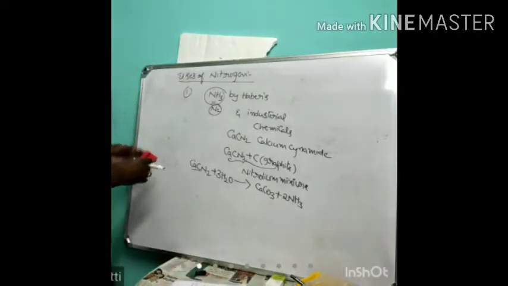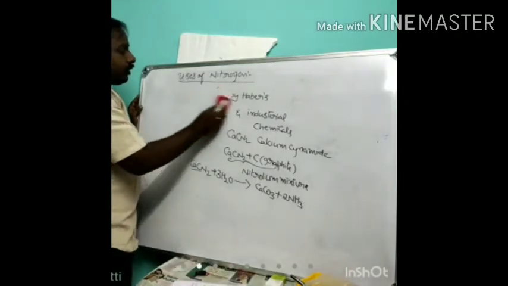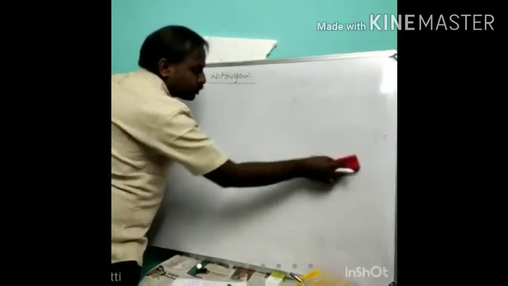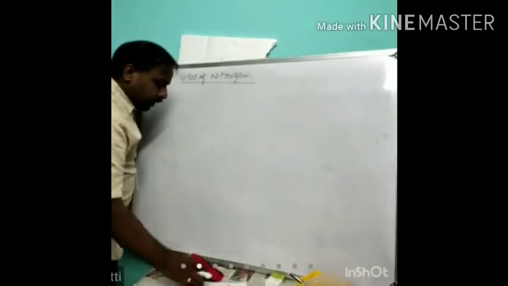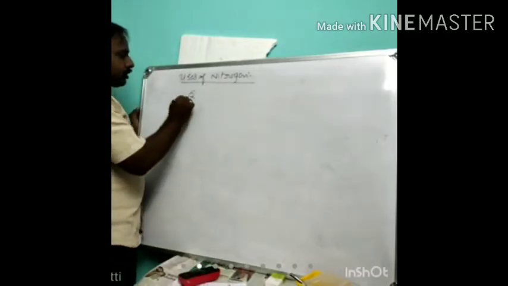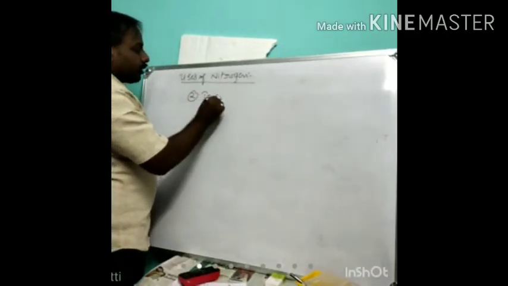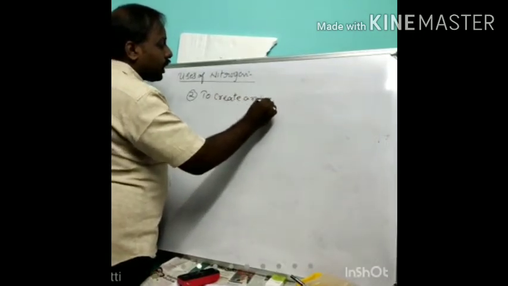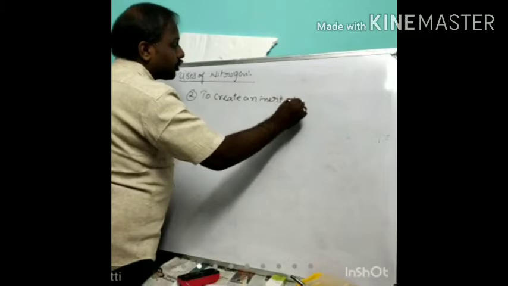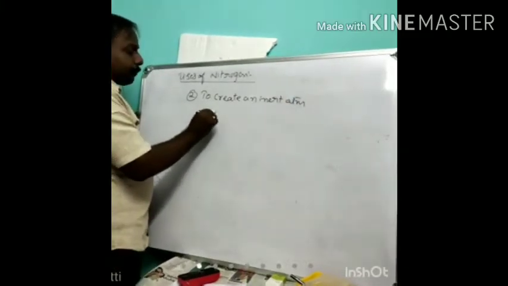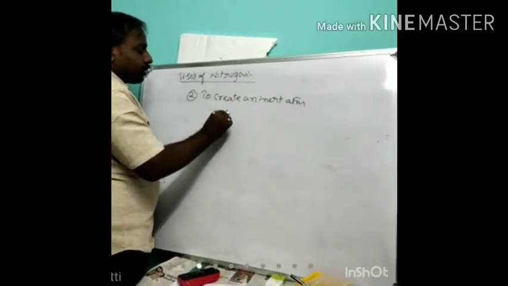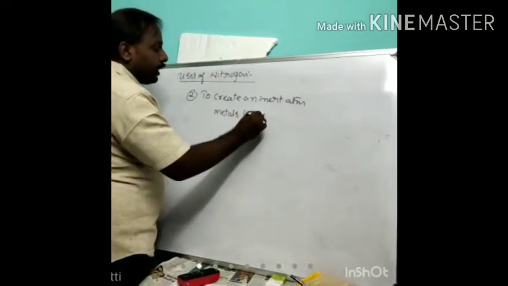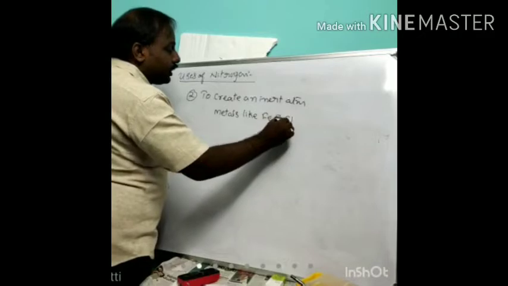The second important application of nitrogen is to create an inert atmosphere during the extraction of metals like iron and steel.